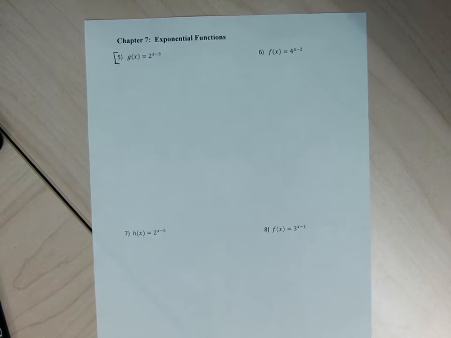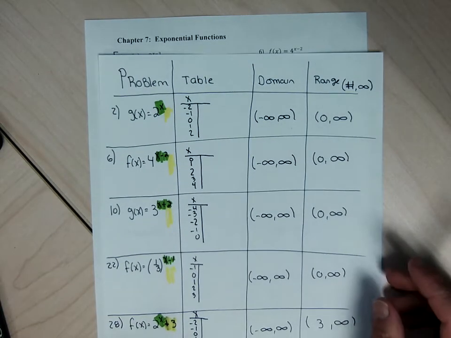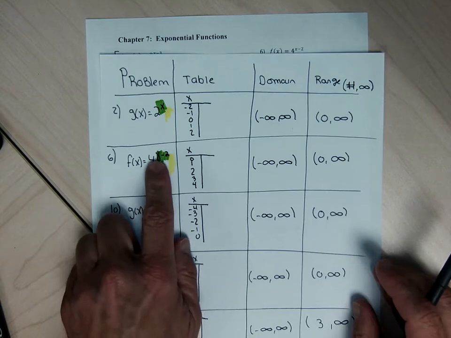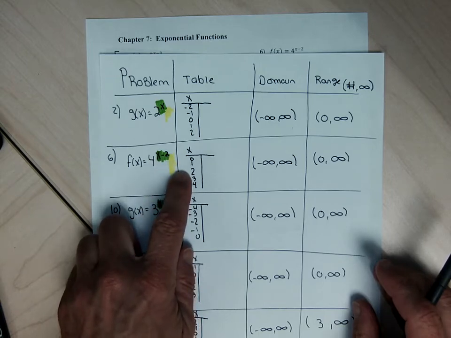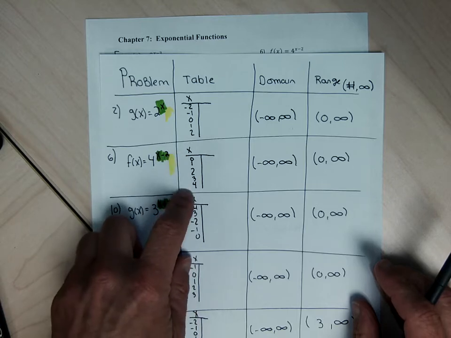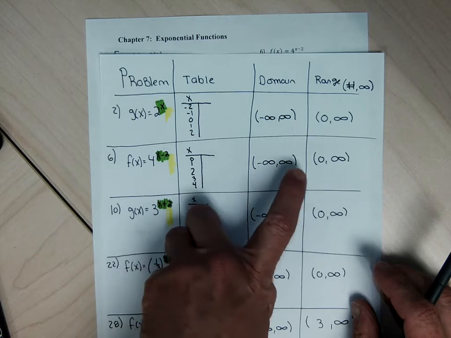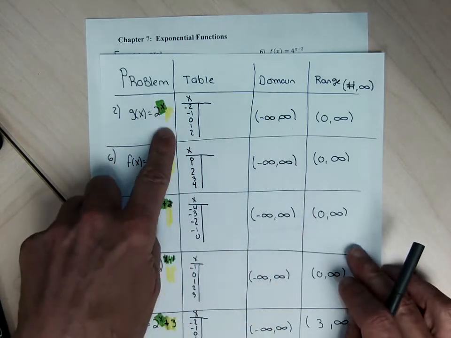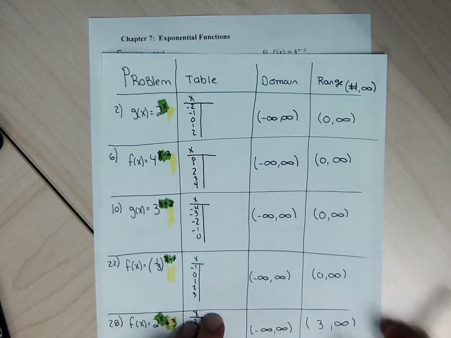So immediately, when I look at the function for number 4, the exponent has a minus 2. I'm going to put positive 2 in the middle of my x column, then go smaller and bigger. The domain for all exponential functions is negative to positive infinity. The range, if there isn't a number after the exponent, is going to start at 0 and go to infinity.